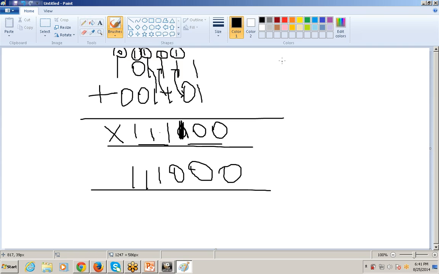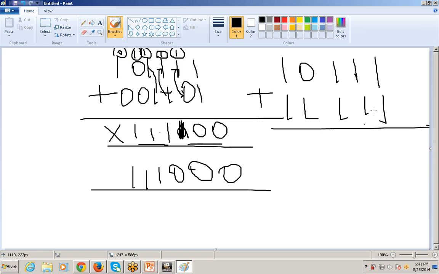Let's take one more example. Suppose I have to add these numbers. This is 1, 1, 1, 1, 1. So first of all, this is 0, this is 1. 1 plus 1 is 0, 0 plus 1 is 1, and the carry is 1. Again, 1 plus 1 is 0, 0 plus 1 is 1, carry is 1.